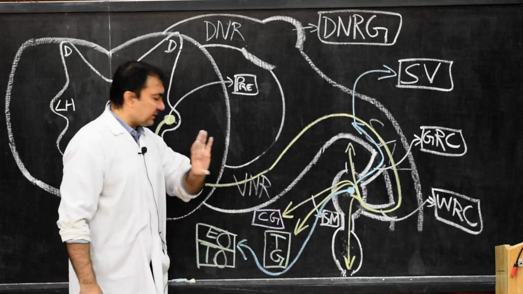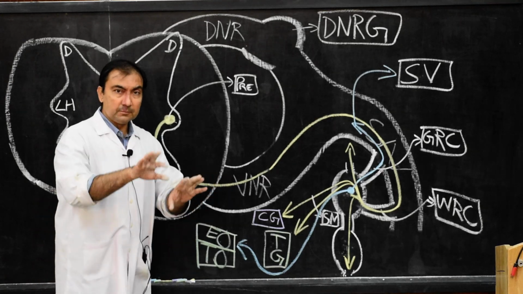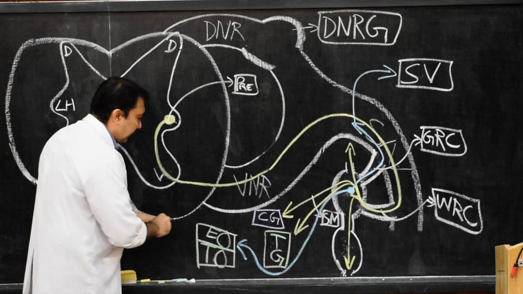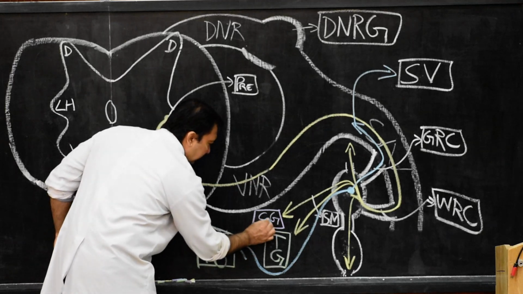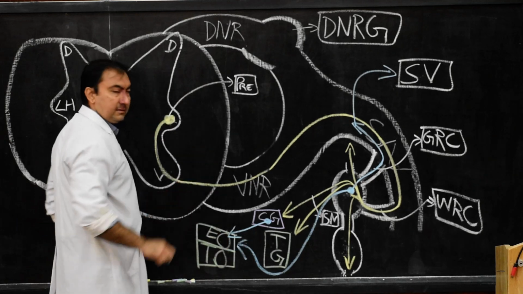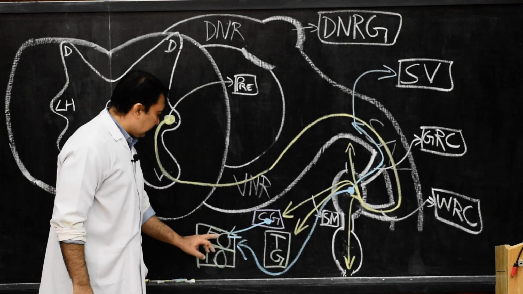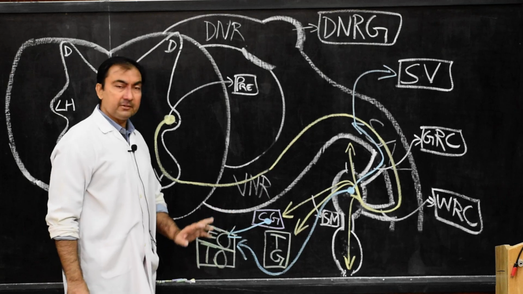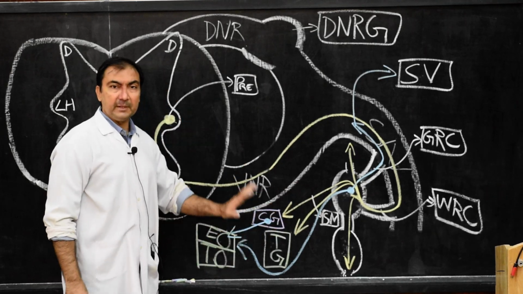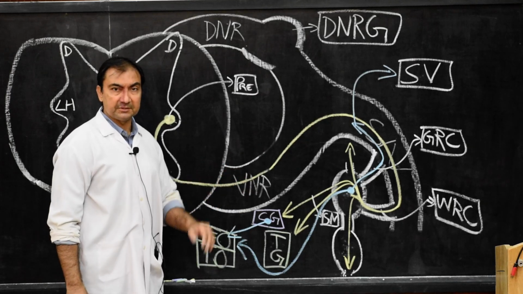So from collateral ganglia, also the post-ganglionic fibers will start, and these post-ganglionic fibers will also terminate in, or synapse in, effector organs or target organs. So altogether, this is the second pathway of post-ganglionic neurons.